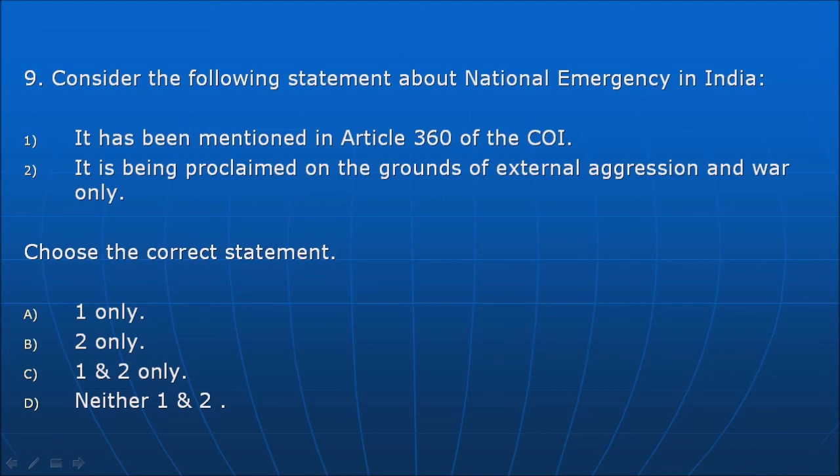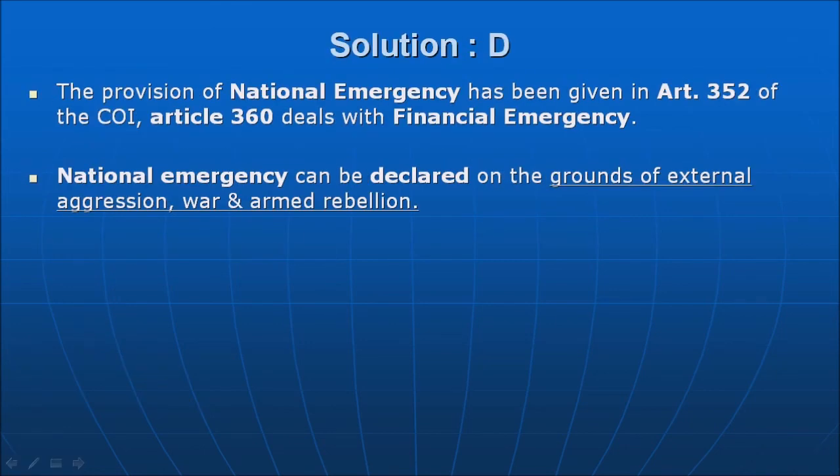Here the first statement is wrong, because Article 360 is related to financial emergency. The second statement, that it is proclaimed on the grounds of external aggression and war only, is also wrong. Why? Because national emergency can be declared on the grounds of external aggression, war, as well as armed rebellion. So there are 3 grounds on which national emergency can be proclaimed.